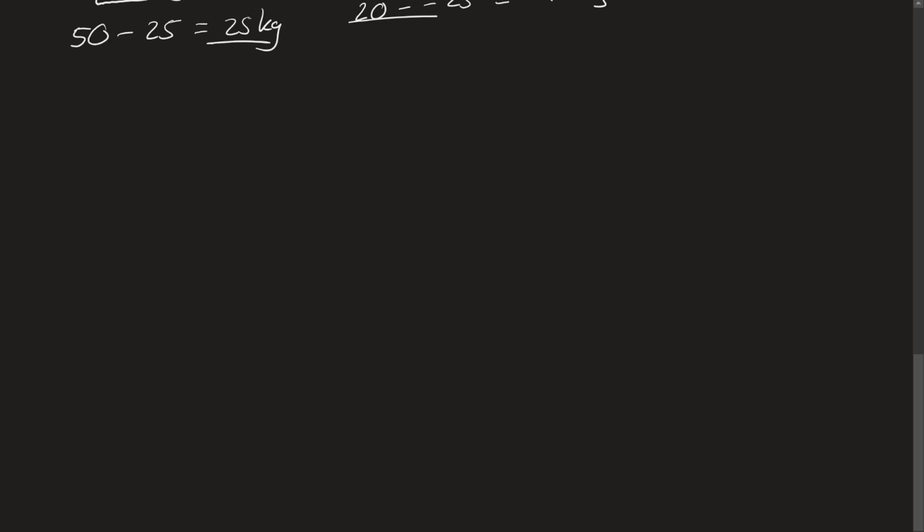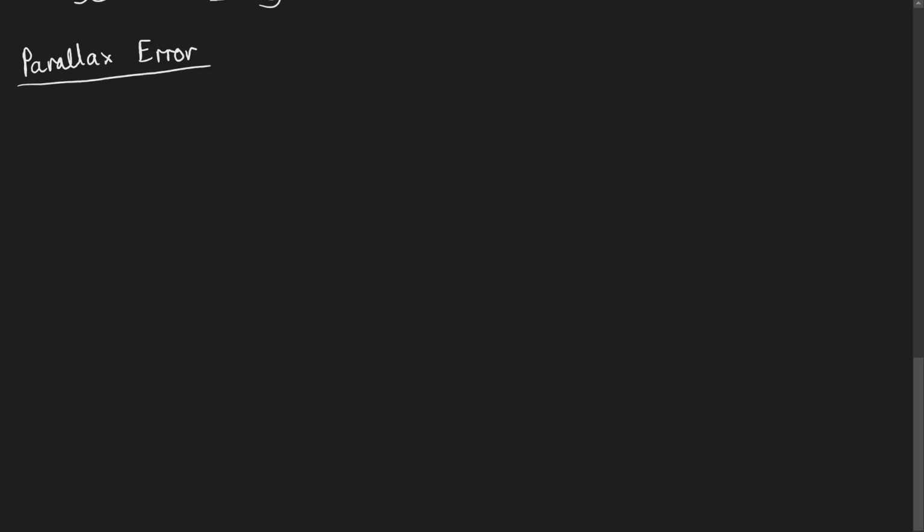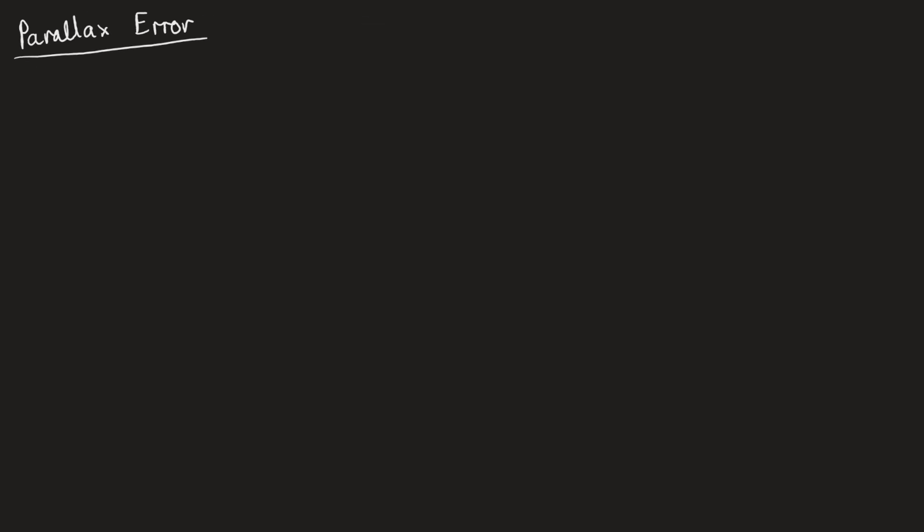Now the last type of error that we're going to look at is called parallax error. This sounds really fancy, but it's not actually as fancy as you think. This word parallax just refers to the position of your eye as you're reading an instrument.